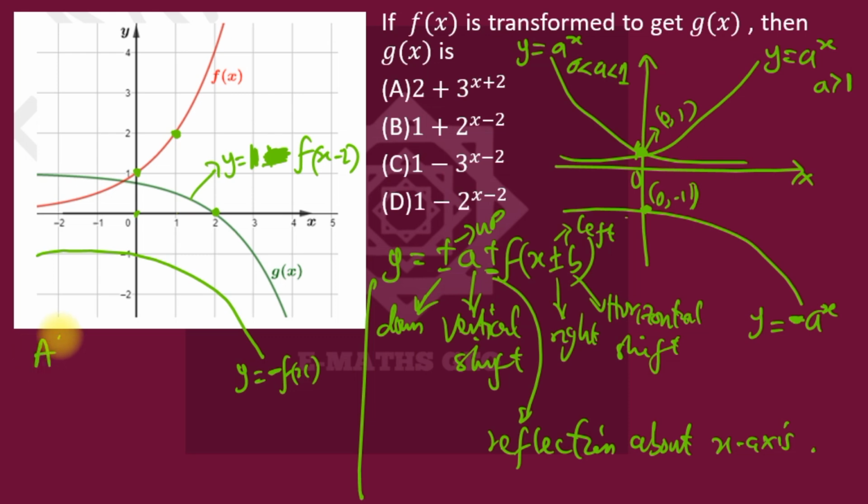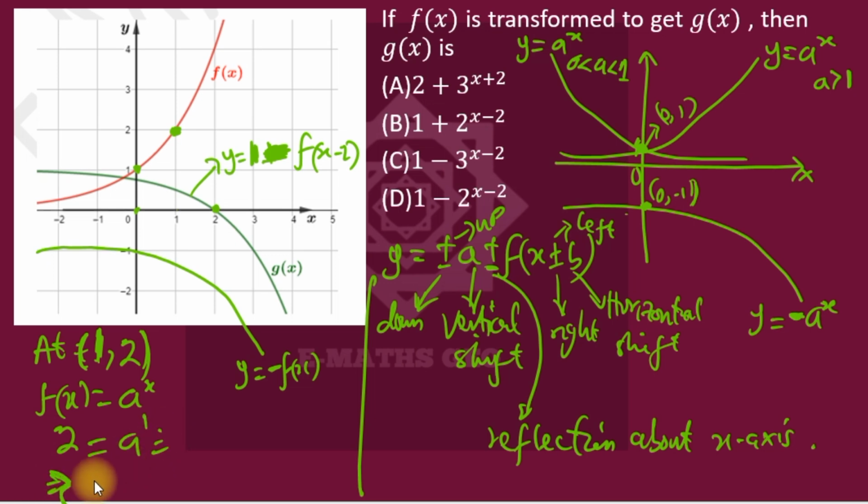Since we know f(x), at this point (1, 2), this graph is f(x) equals a raised to power x, as you can see. So at this point, y is 2, x is 1. So what do you have to say? a is 2.